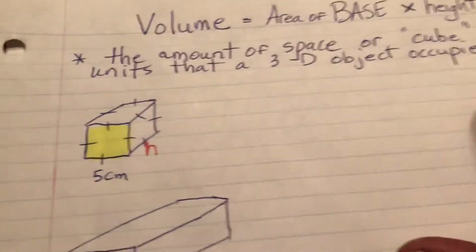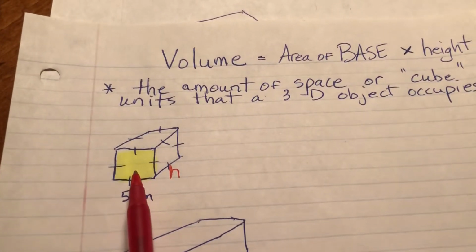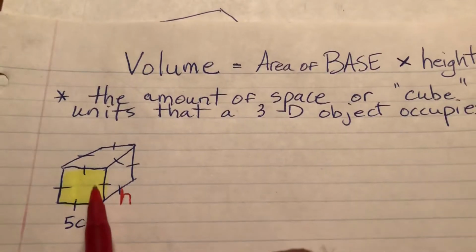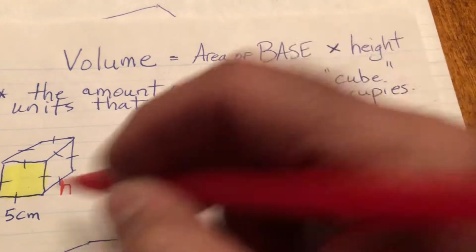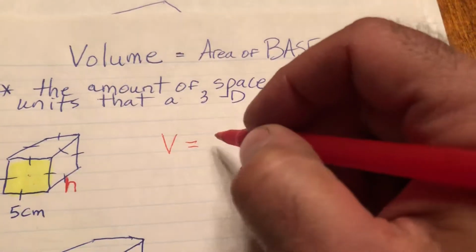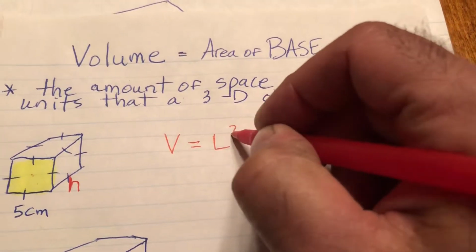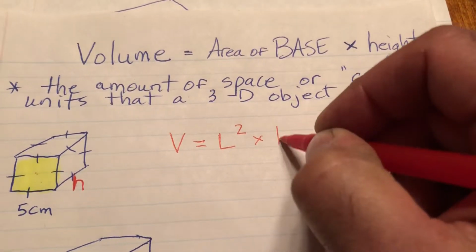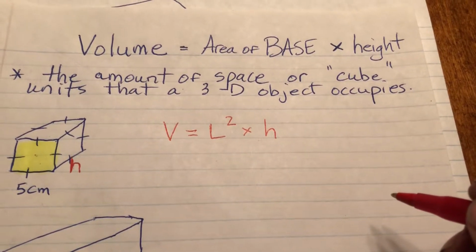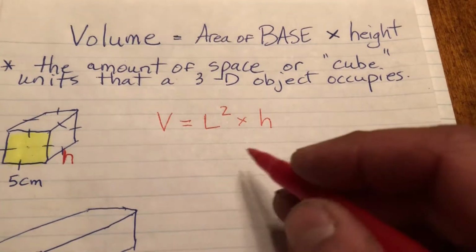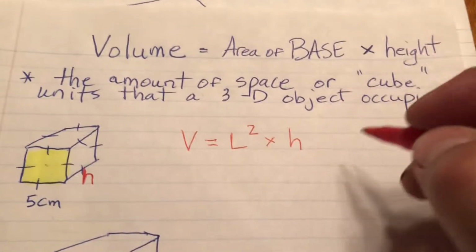So those are the things you have to know. Okay? So in a cube, we find the area of the yellow region and we times it by the height. So there's a formula for that, right? This is a cube, so the volume is equal to, this is a square, so it's L squared times height. Now, you can use that one, but we also use this one.